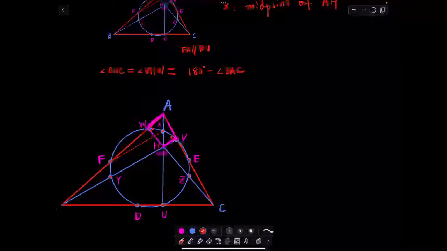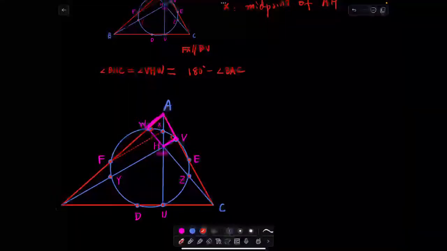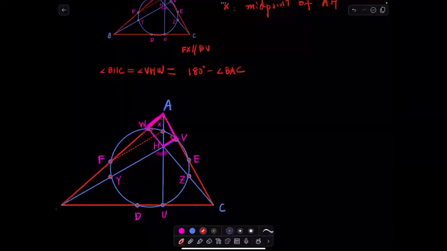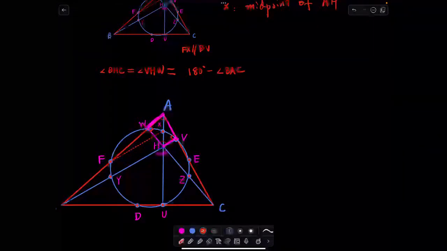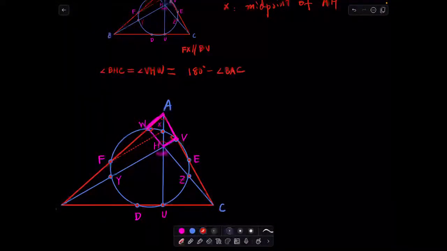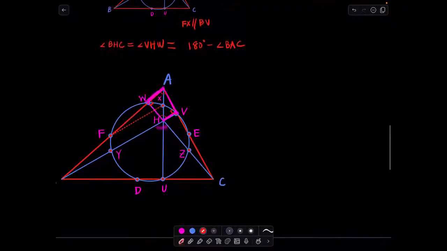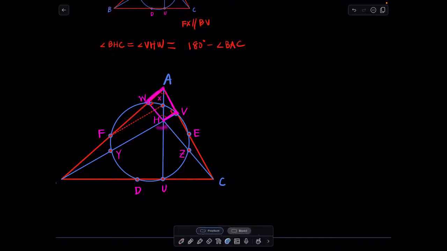Which means they are on the same circle, and so this adds up to 180 degrees. All right, so that's the reason. Let me erase this because we don't need that now.